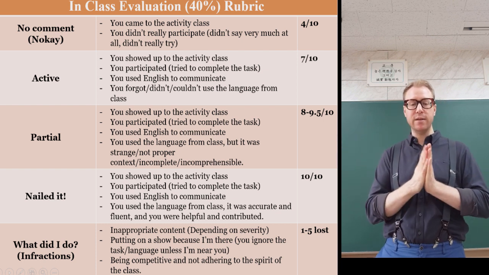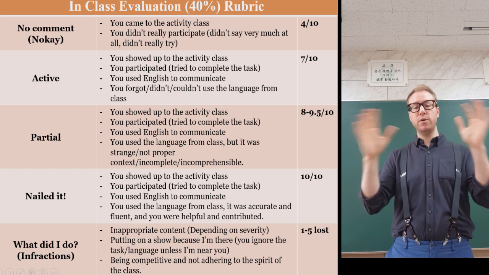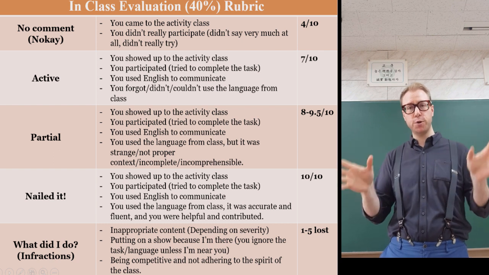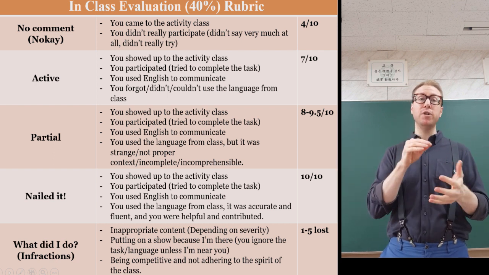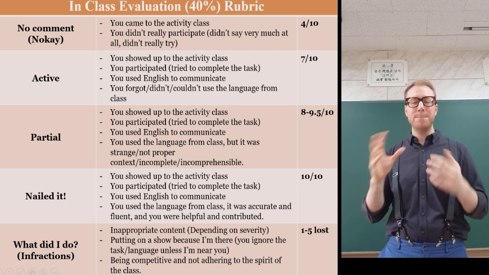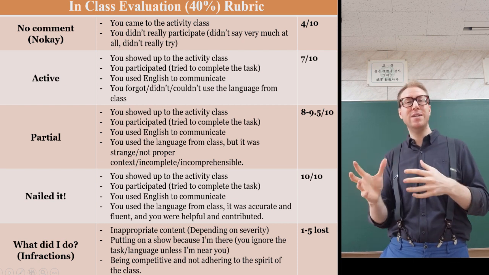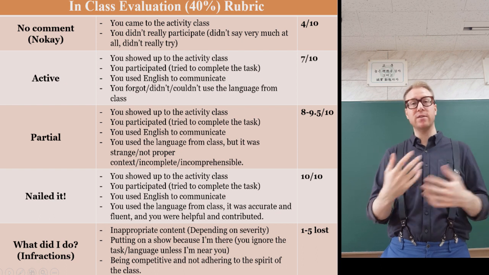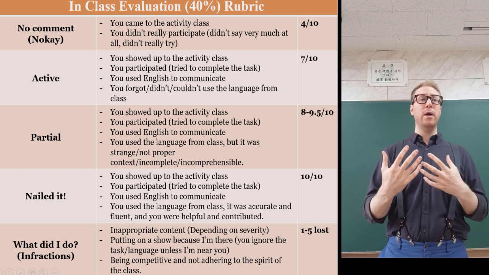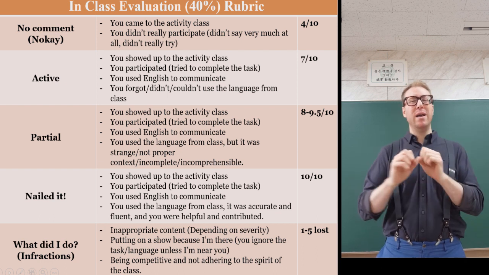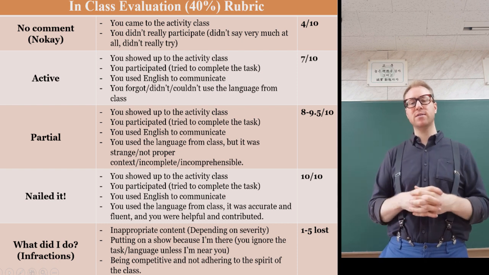The partial category is you showed up to the class, everything that you did in the previous category is all true, and this time you actually tried to use the language, but you may not have used it correctly, like we discussed in class, or maybe you only used part of it, or it was a strange or awkward context.